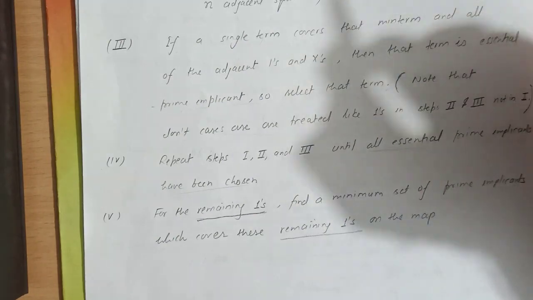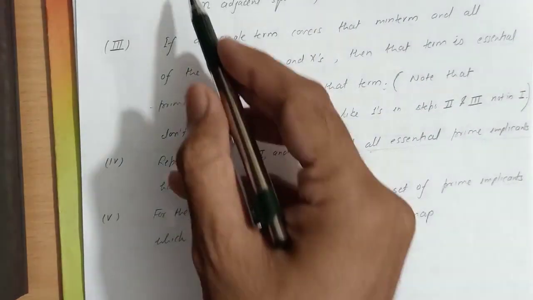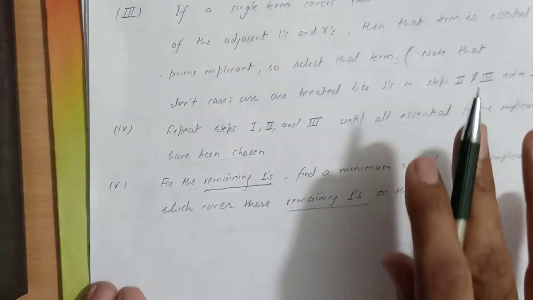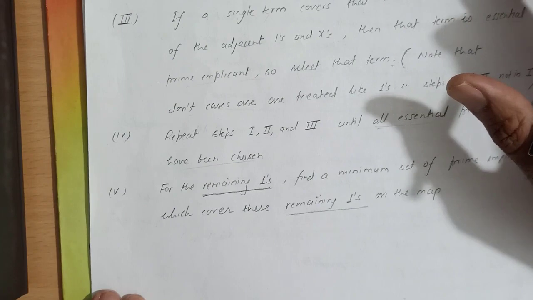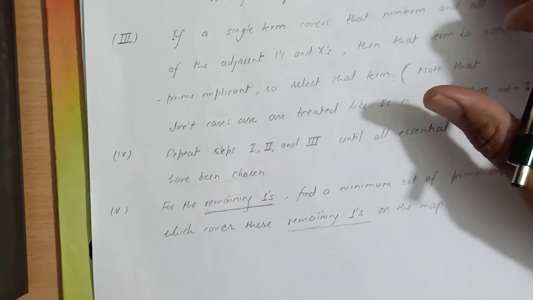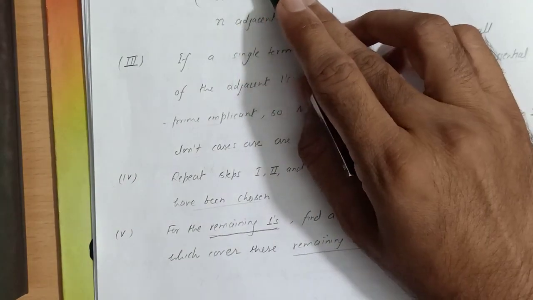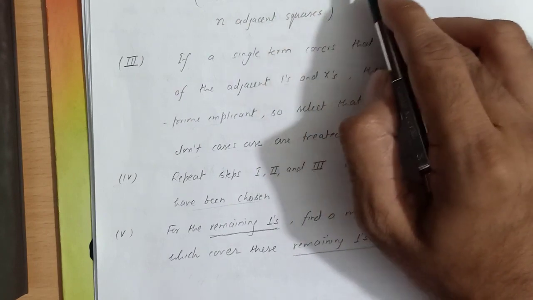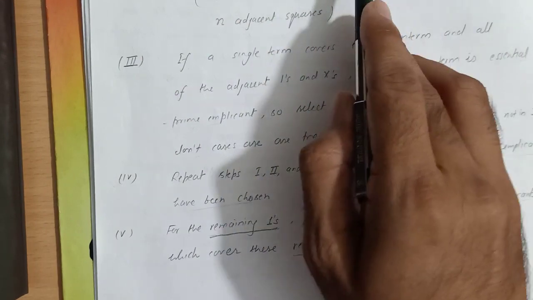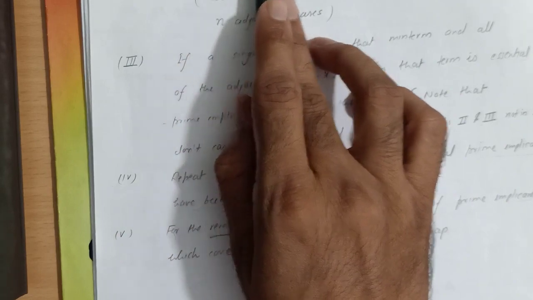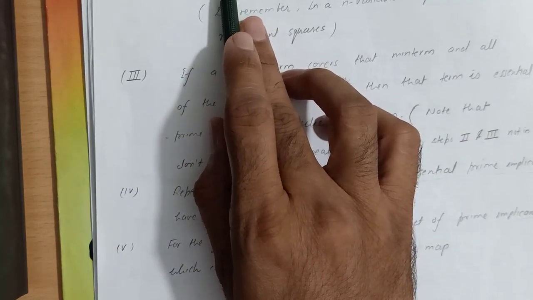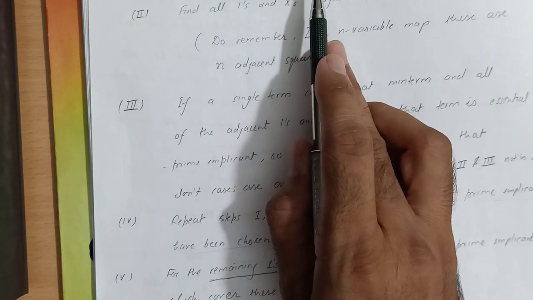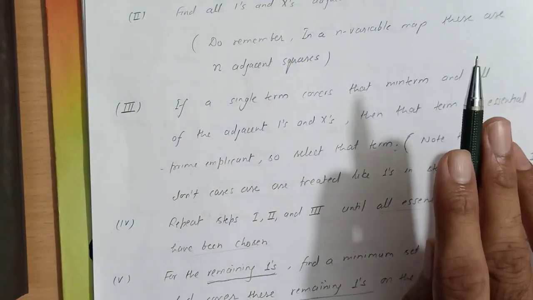Firstly we will find all the essential prime implicants with the help of these steps. If you carefully observe this algorithm, you have to remember two things. First, how you will decide which one to start from. There is one uncertainty in this algorithm, that is how you will choose a one. You can randomly choose any one basically.